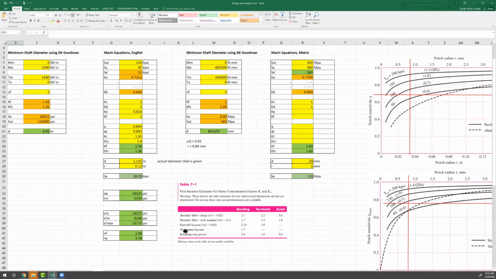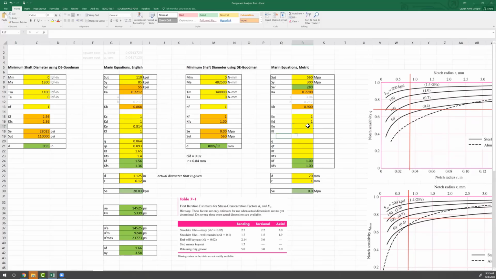I am going to assume 99% reliability. So Ke of 0.814. Kf, we don't have any other information about miscellaneous effects that might worsen fatigue, so just keep that as 1.